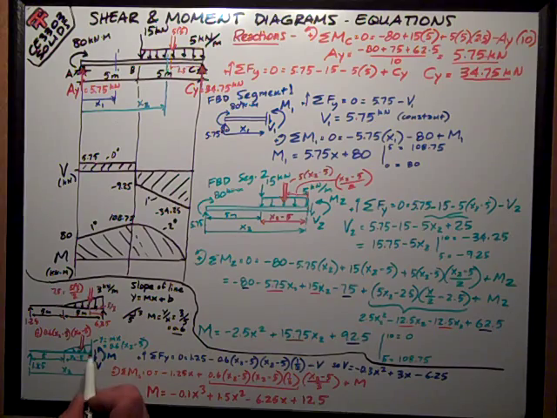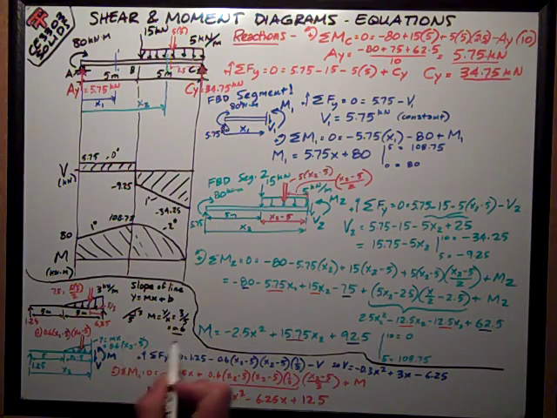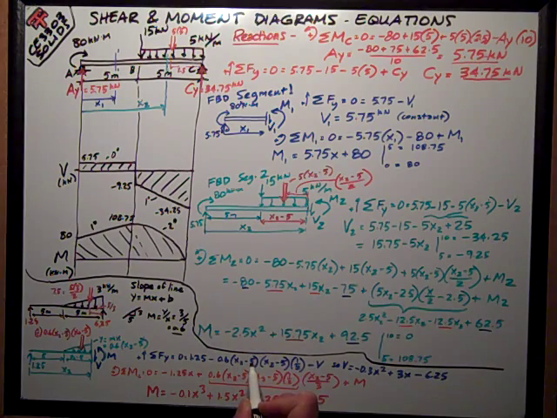So I'm trying to find that point right there. The value at any distance x2 from the left end, or x2 minus 5 from the point where the load starts, is mx, which is 0.6, my slope, times my x value, which is x2 minus 5. So that's what this expression is right here, 0.6 times (x2 minus 5).